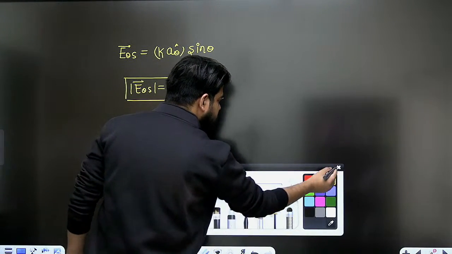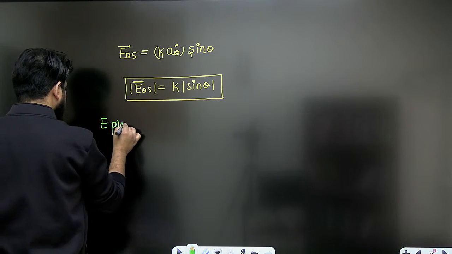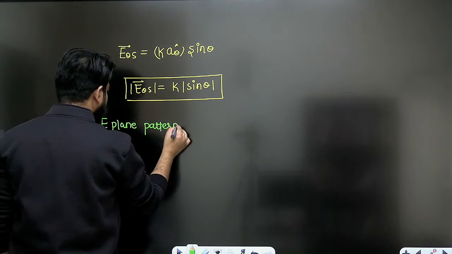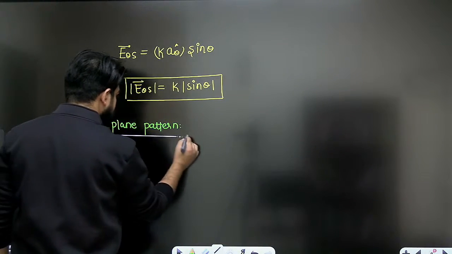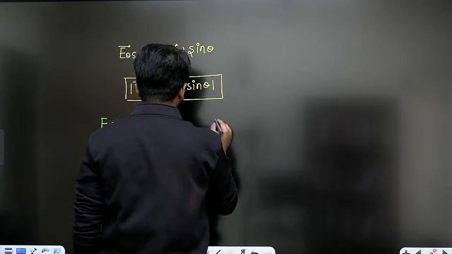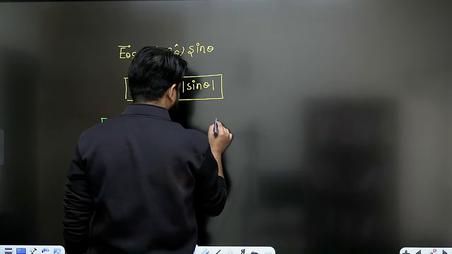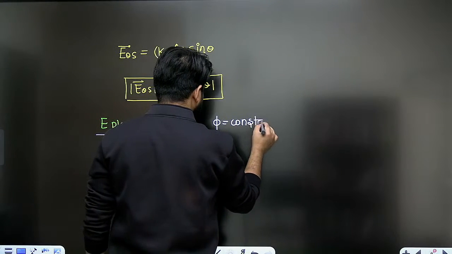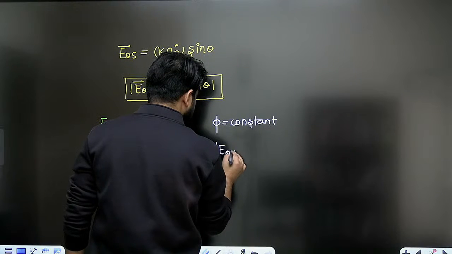So if I want to plot this for E plane pattern, you know that for E plane pattern what will happen? For E plane pattern phi will be constant, and you have to plot mod of E theta s versus theta.